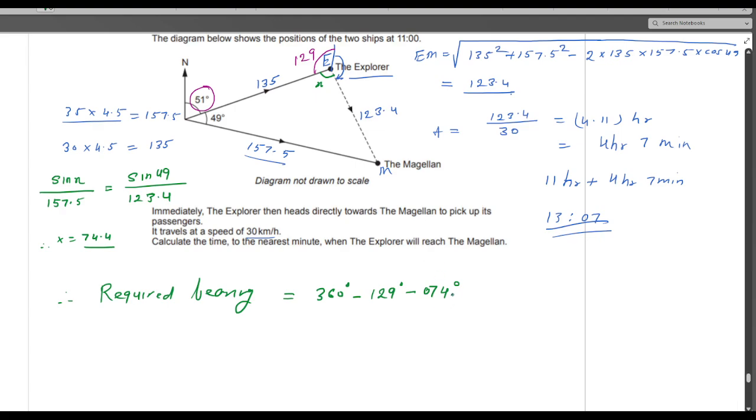So 360 minus 129 minus 74.4 gives me 156.6. So here the required bearing is 156.6 degree.